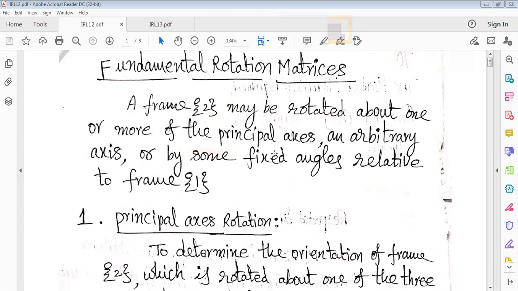First, let us discuss when frame 2 is rotated about a principal axis.